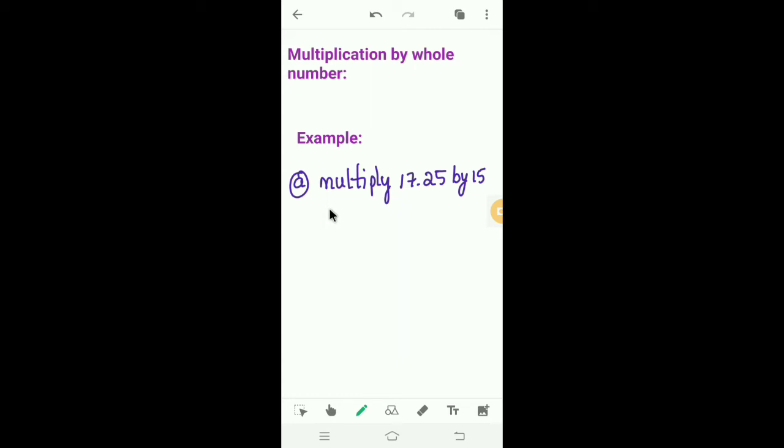How can we multiply a decimal fraction by a whole number? Let's see. Multiply the multiplicand with the multiplier as in common multiplication. But it is important to know where to put the decimal point. We can multiply the multiplicand with the multiplier as in common multiplication.